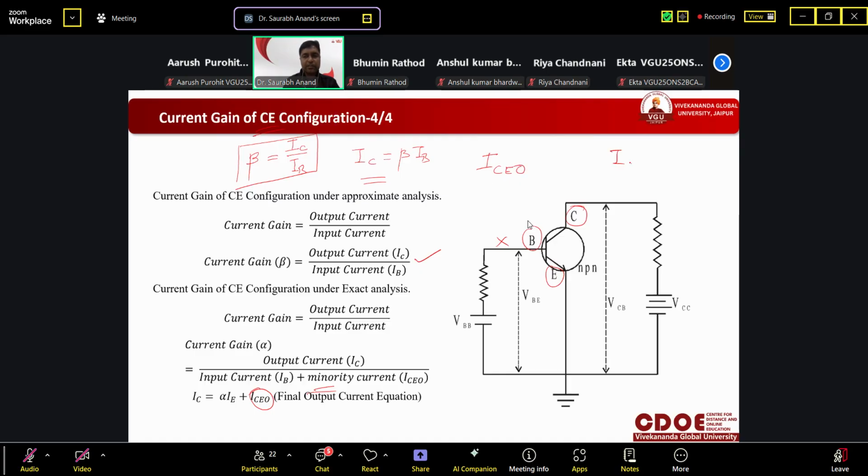In the earlier case, it was ICBO because here it was base. Now here it is emitter, so it is E. Here it was B.